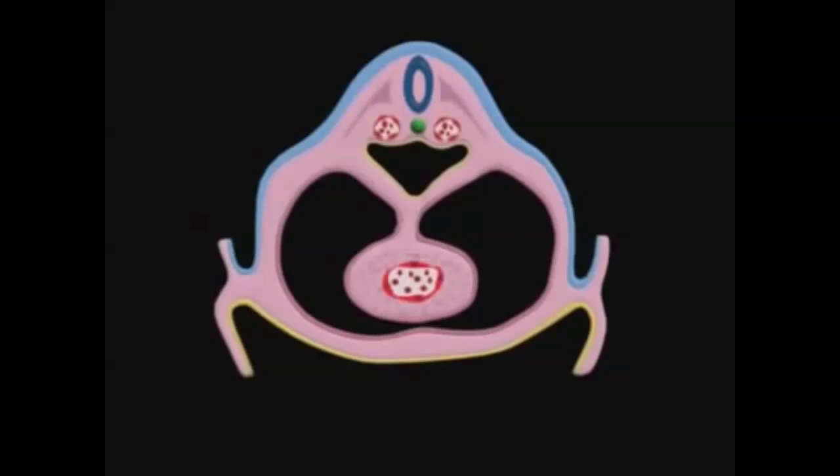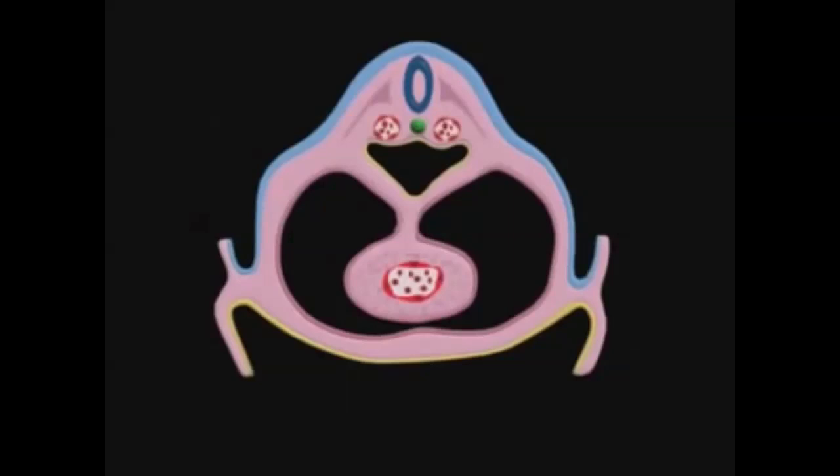What is the main function of the heart? It's a pump, which is necessary for moving blood. And blood is necessary to provide nourishment to each cell of the organism. When the embryo was quite small, less than 1 millimeter, diffusion was enough for nourishing each cell.